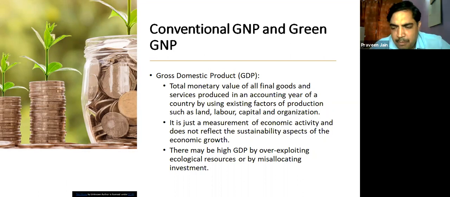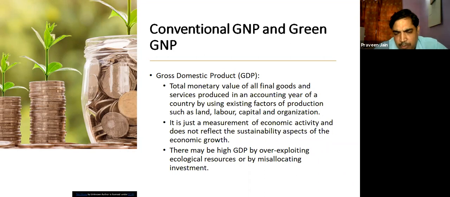Sometimes, for example, our Jharkhand state has a lot of resources, coal resources, coal mines are there. If the production of the Jharkhand state's economy depends on the coal mines, and if we over-exploit those coal mines, then after a few years there will be no coal available, and it will adversely affect the economy of the state.